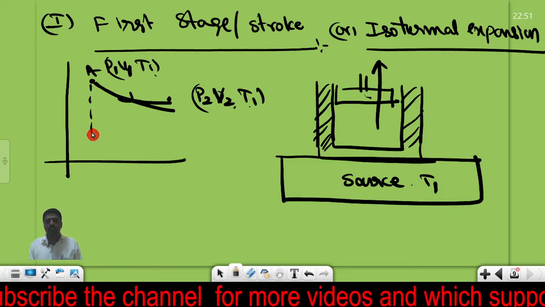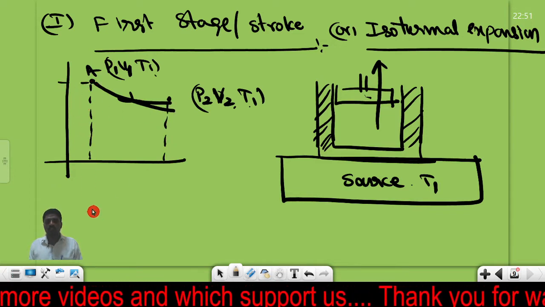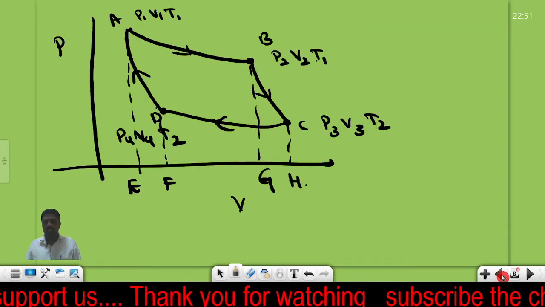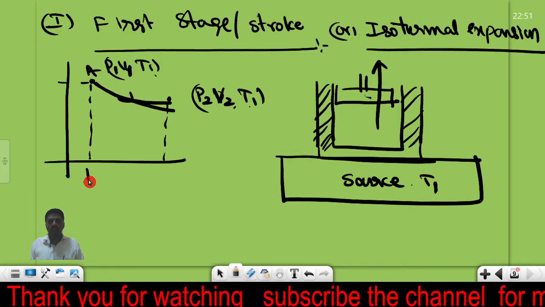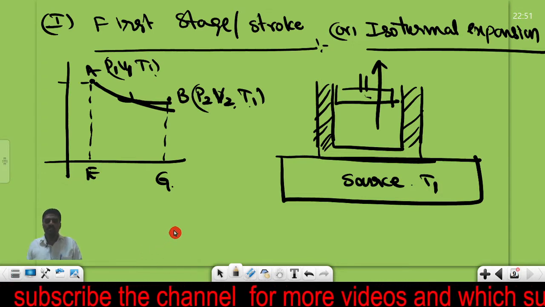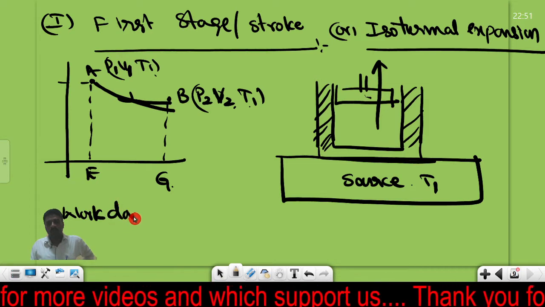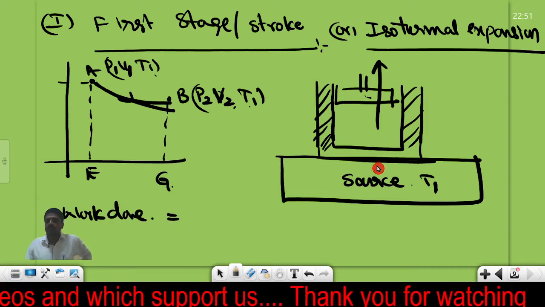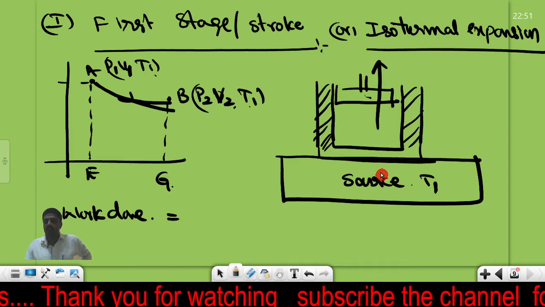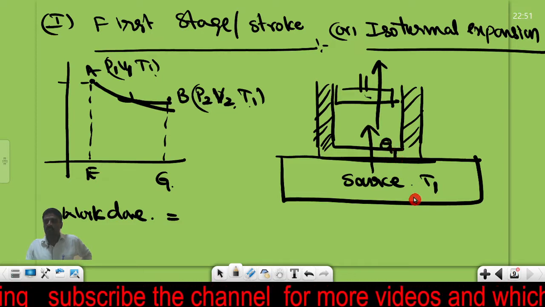Then what is the work done in this process? Let me take the volume here, E and G, and this is point B. The work done in this process: when the gas is expanding, to maintain constant temperature it must absorb some heat energy from the source.